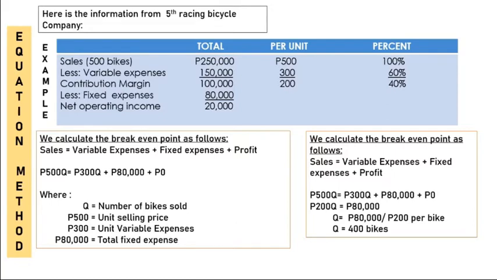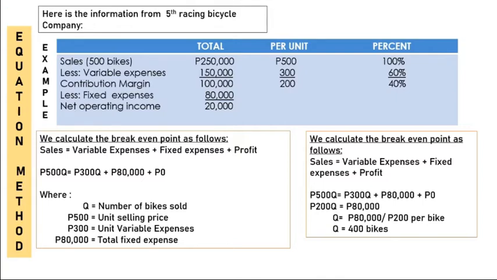Less variable expenses, total is 150,000, per unit is 300, percent is 60%. Contribution margin: total is 100,000, per unit is 200, percent is 40%. Less fixed expenses is 80,000. Net operating income is 20,000.